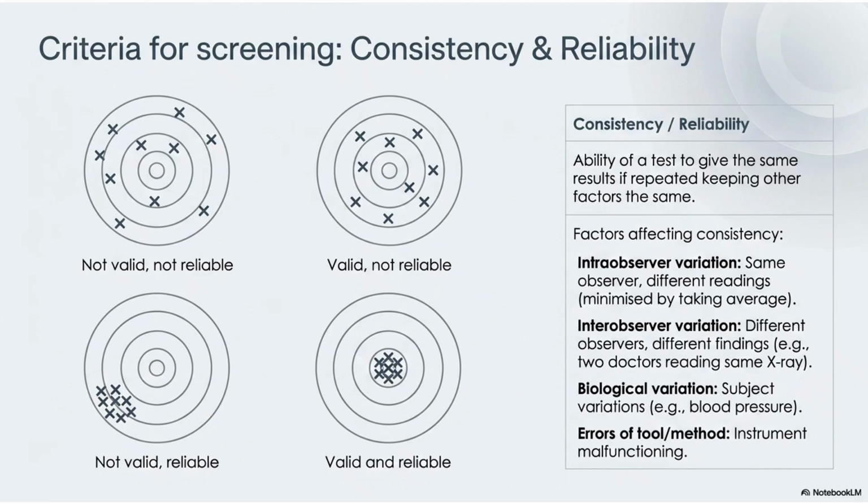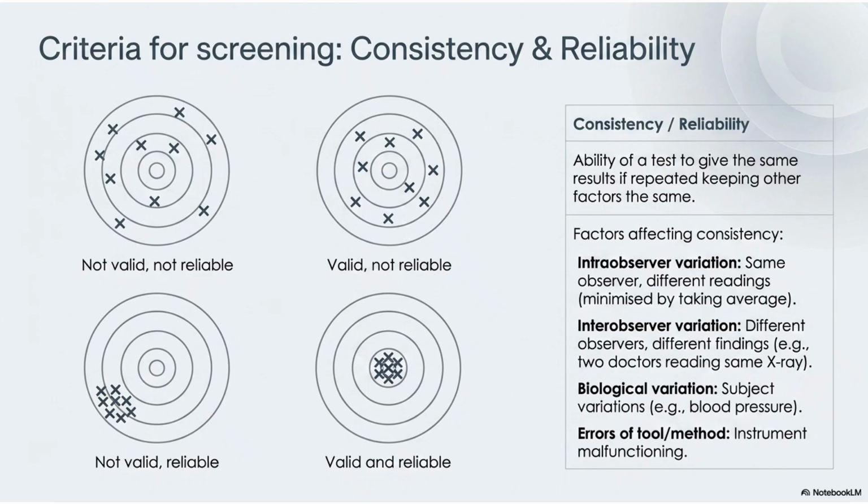Regarding consistency and validity, there are four different scenarios. In the first, if we aim multiple times and hit different places each time, it is not valid and not reliable.